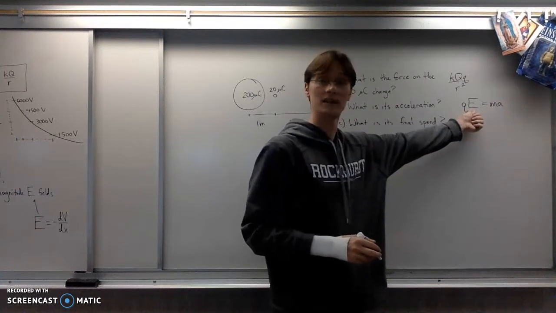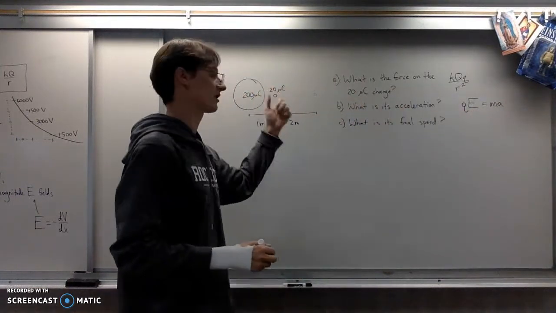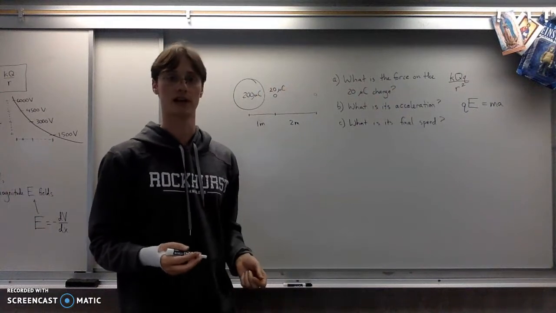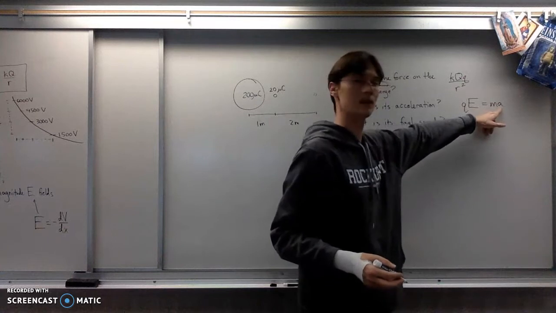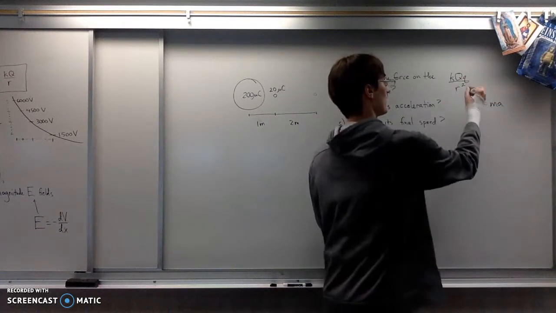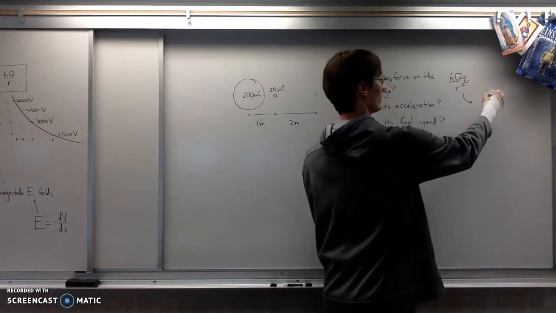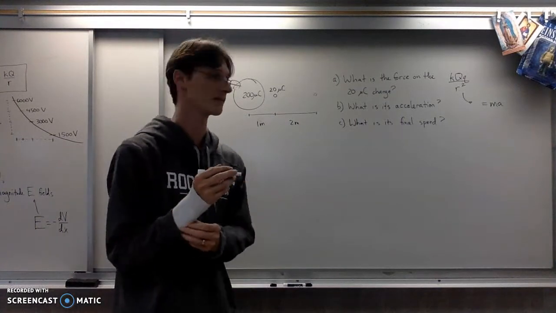Meaning the electric field is uniform. Point charges don't make uniform electric fields. And the trouble there is going to be that the acceleration that we could calculate by setting these two equal to each other is actually just going to be an initial acceleration.